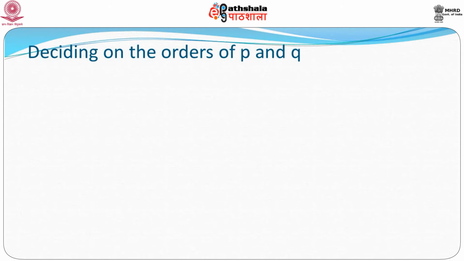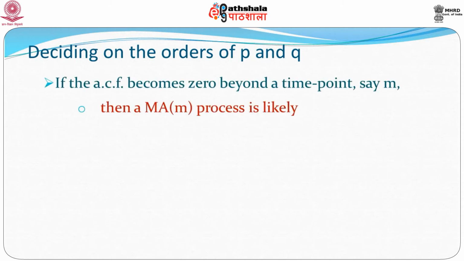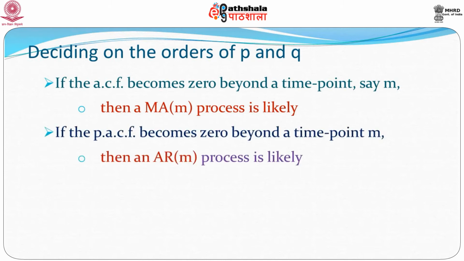You look at the differenced series, the stationary one, and do the ACF for that. If the ACF becomes 0 beyond the time point, say the time point m, then we know that it is a moving average of order m. If the PACF becomes 0 beyond the time point m, then we would expect it to be an autoregressive process of order m.